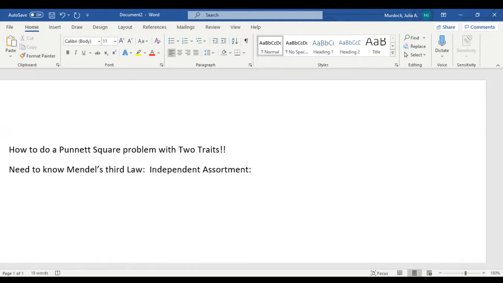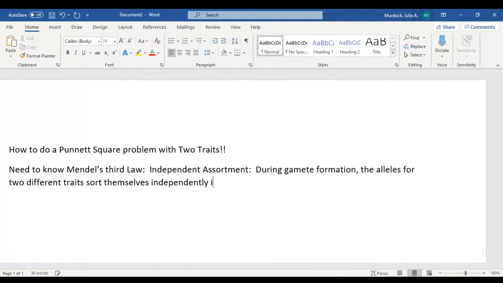The law of independent assortment really says that during gamete formation, the alleles for two different traits sort themselves independently into gametes.